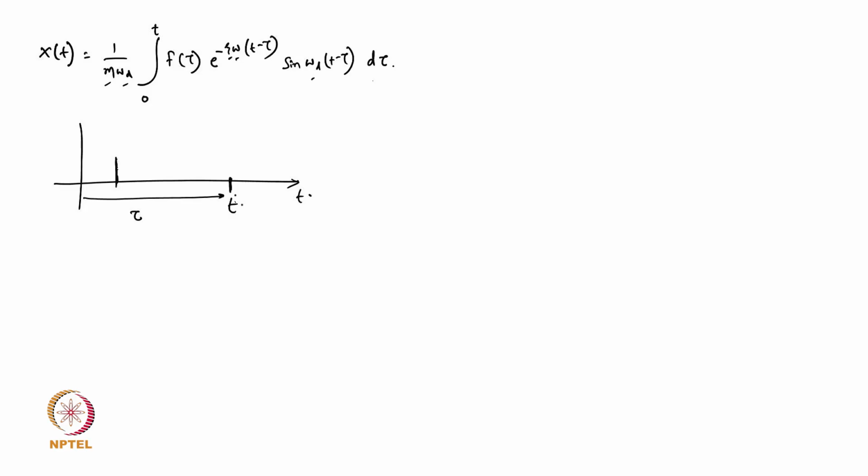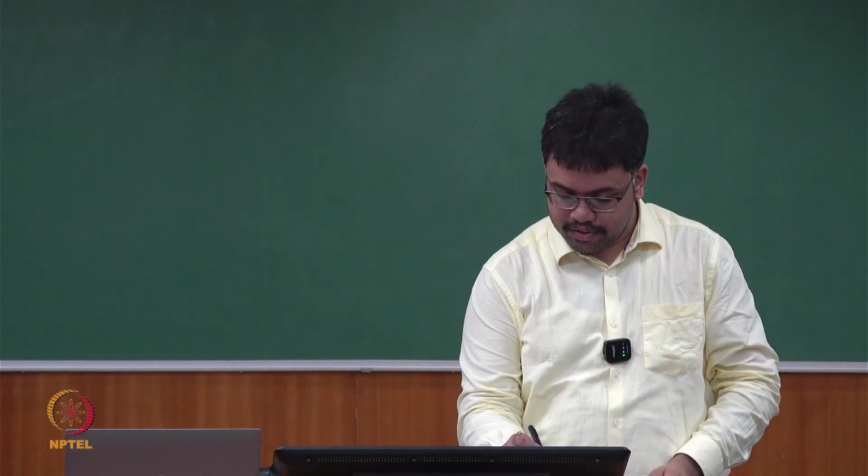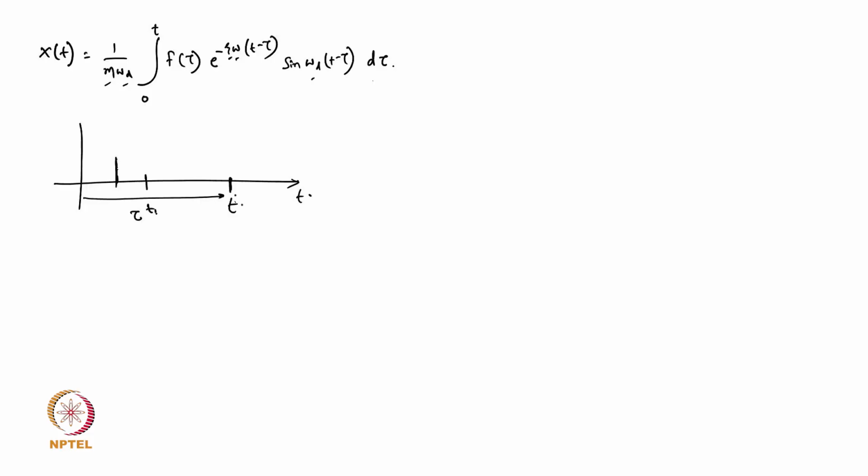So suppose you need the response at t1. Let's say this is t1. Maybe I will mark it with the red color. This is the t1 point, this is t2 point, this is t3 point.